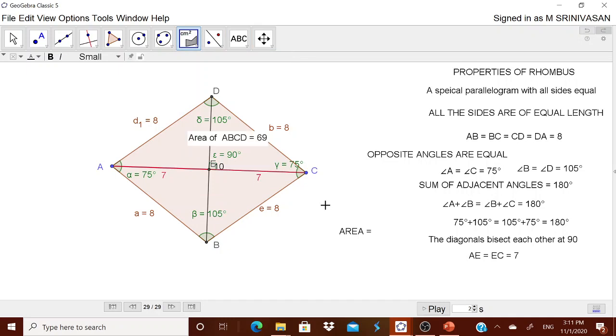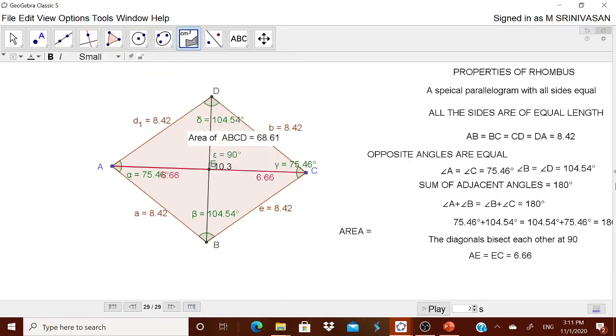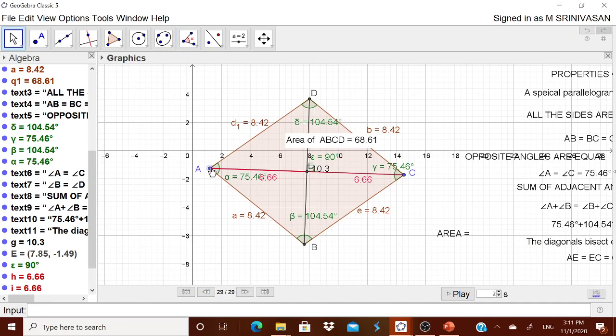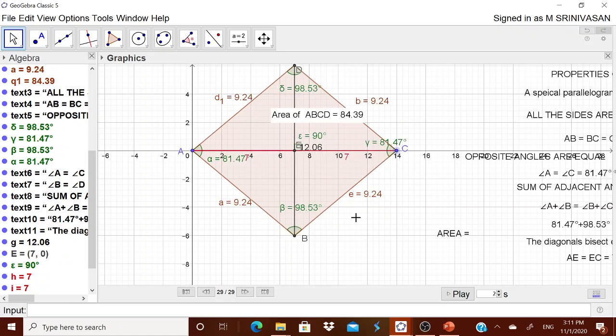Okay, now once again remember, this is actually an approximated value, because in the option you have taken rounding off to 0 decimal places. You can have 1 decimal place and you can have 2 decimal places. Suppose you want to make it a little bit more perfect, go over here and try to make the lengths exact, so that the length will become an integer.